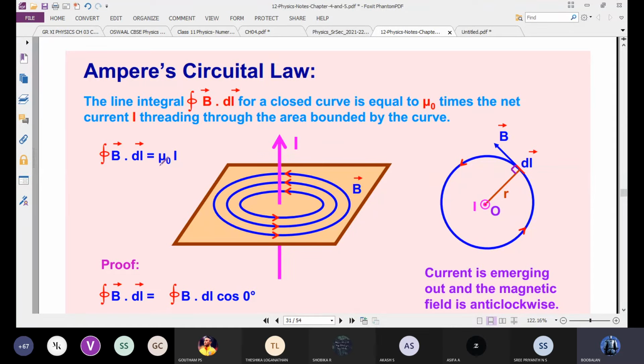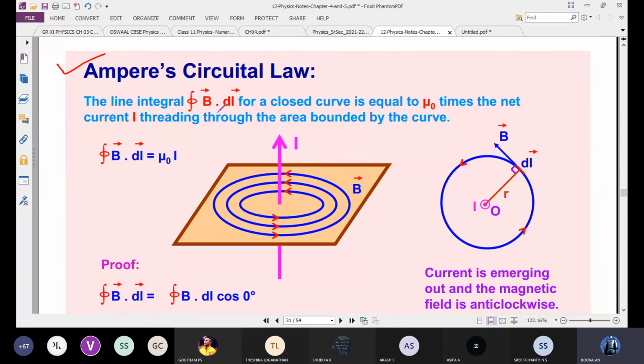So now we know Biot-Savart law very well, the formula dB equal to mu naught divided by 4 pi I dl sin theta divided by r square. So they will definitely ask either Ampere's circuital law or Biot-Savart law. So 3 more questions are compulsory.